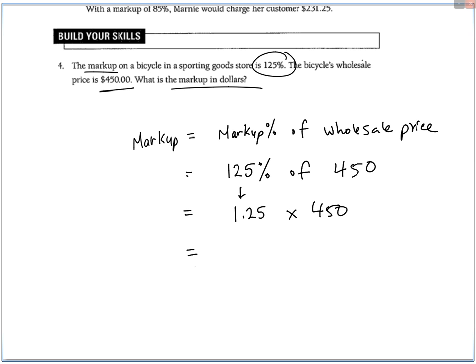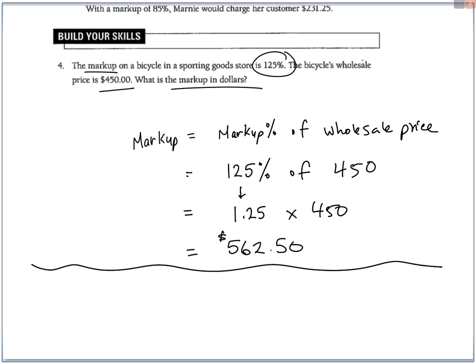So the markup is $562.50. Now just for clarification, this is not what you sell the bike for. Okay, the retail price, what you sell it to the person for, would be your cost. So this cost you 450 out of your pocket, plus the money you want to make, and that's what you sell it for.